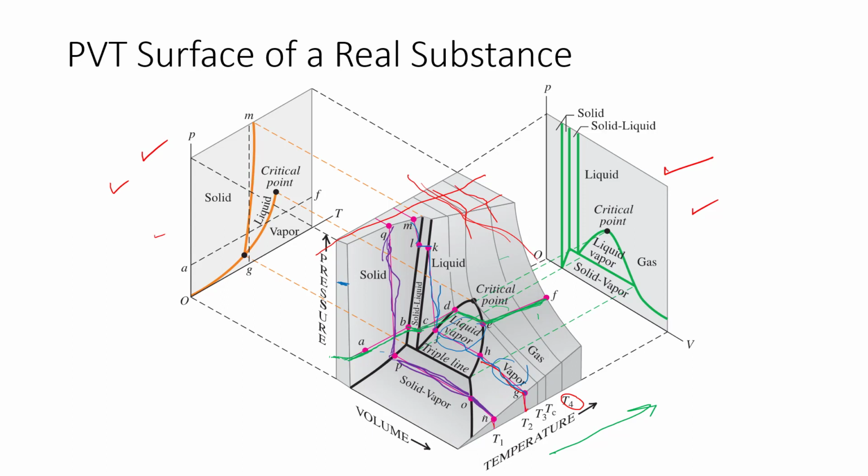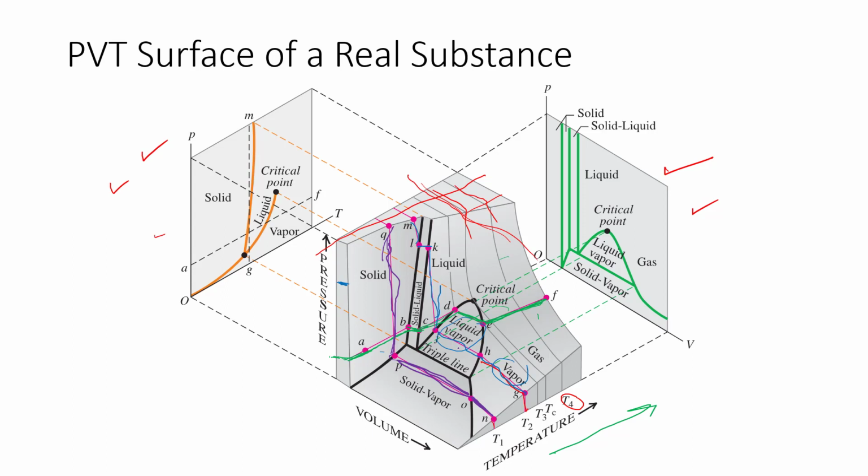This is at a lower temperature. The one that we talked about before is at a higher temperature, some higher isothermal process. But here we are talking about an isothermal process at some lower temperature. So as we go from N to O, a phase transition occurs at point O, and at the lower pressure we won't see the liquid phase.